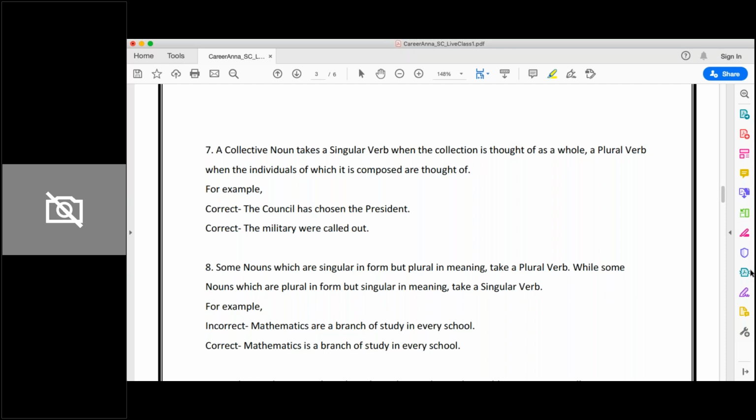What do all of you think? Right? Because the moment I say everyone, I am referring to them as individuals. I am treating them as singular. If I talk about police, police will be treated similarly to the way I am treating military.